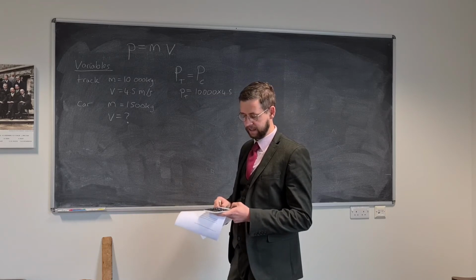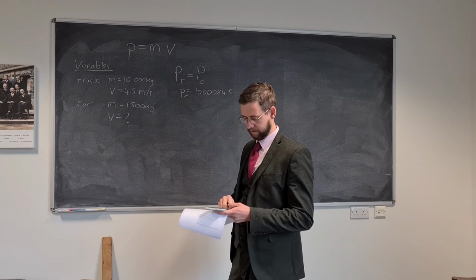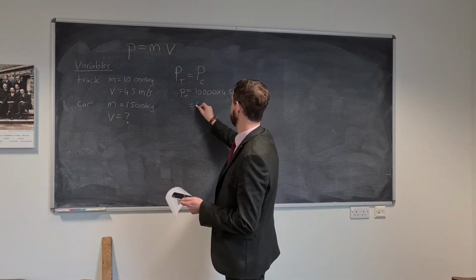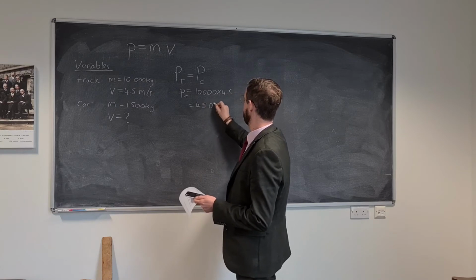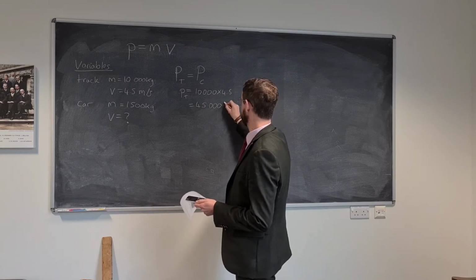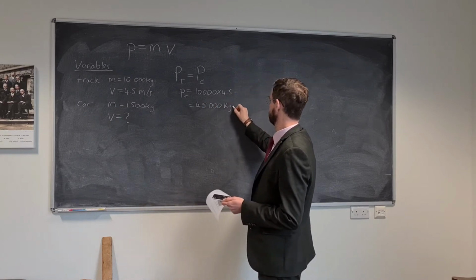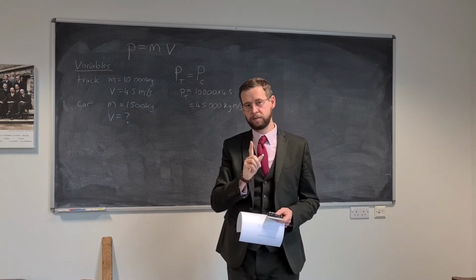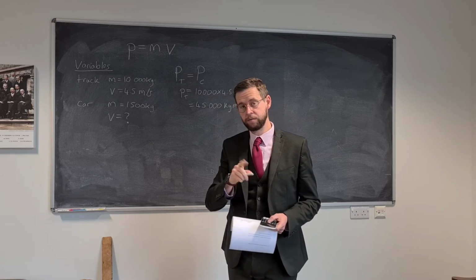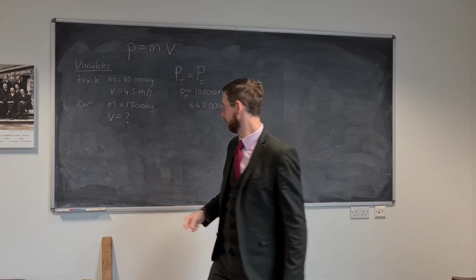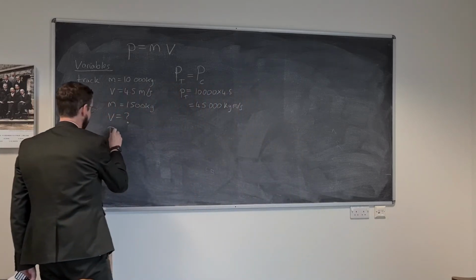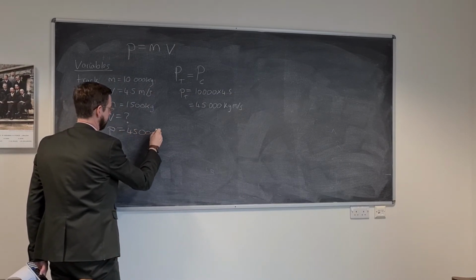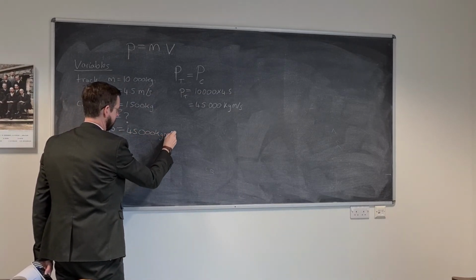And I'd always say check it on the calculator. 10,000 times 4.5 is 45,000, indeed, just in case my mental arithmetic goes wrong. 45,000 units, kilograms meters per second. This gives me another one of the variables that I need to process the next part of the question. That P over here now becomes 45,000 kilograms meters per second.